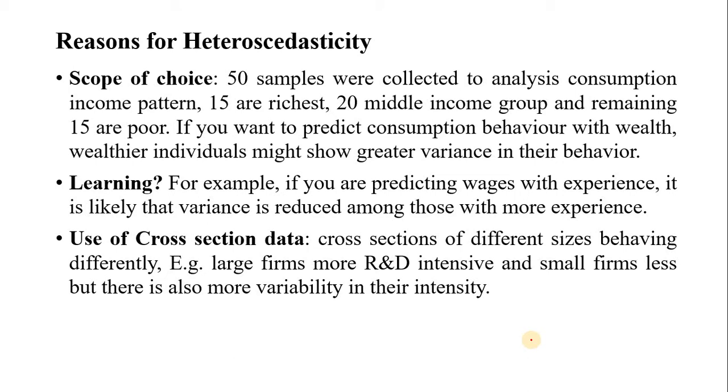But in reality, it is not possible that all of the people have the same income and same consumption pattern. Some may be poor people, some may be the richest people, some may be middle income groups. So here 50 are richest, 50 are in the middle income groups, and 50 are very poor people.